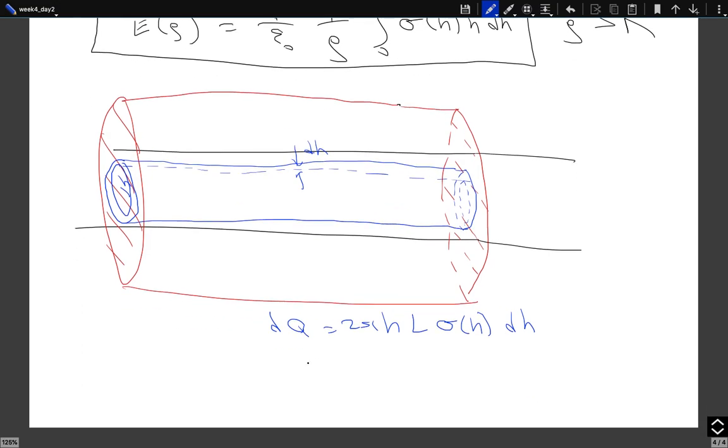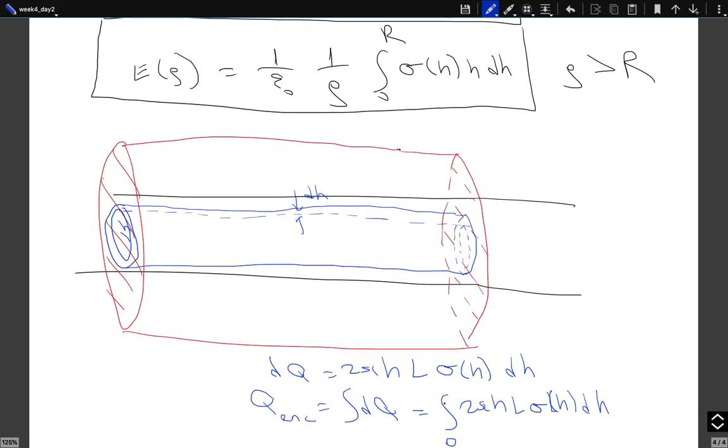Now, to calculate q enclosed, I have to integrate or sum over the charges of these cylindrical shells. This is 2 pi h L sigma of h dh. Now the smallest cylinder has a radius 0. What is the radius of the largest cylinder that has charge in it?